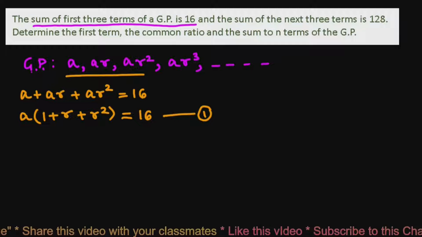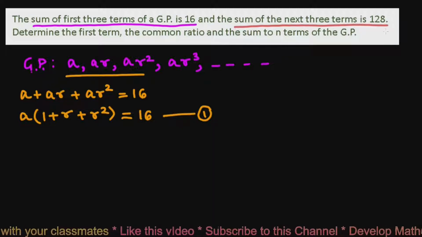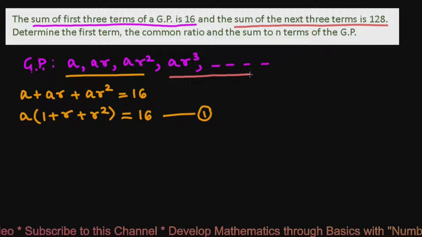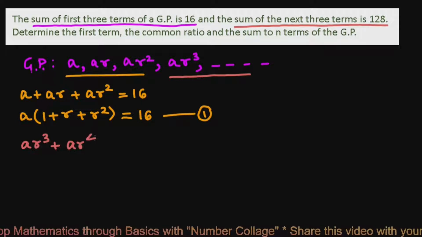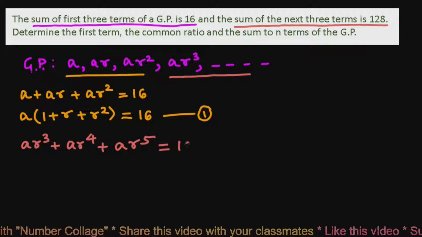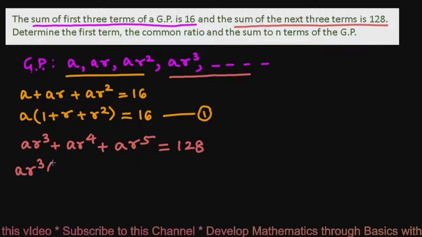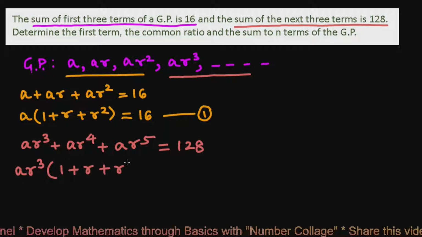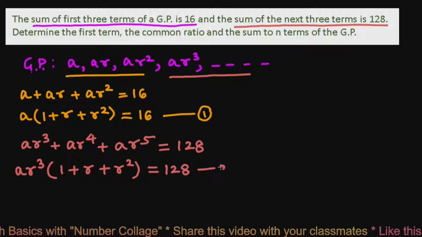Next, it is given that the sum of the next three terms is 128, which means that the sum of the fourth, fifth and sixth terms, that is ar cube plus ar power 4 plus ar power 5, is 128. Here we will take ar cube as a common term, and write ar cube times (1 plus r plus r square) equals 128. We name this 2.